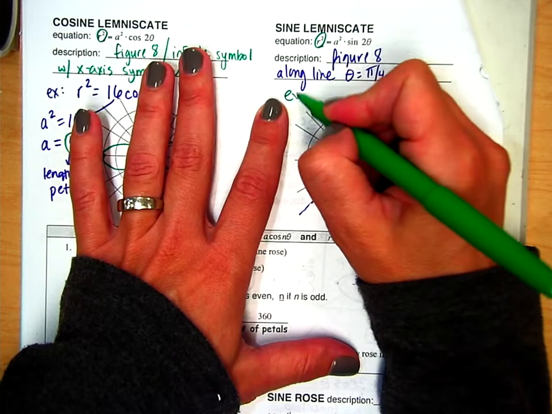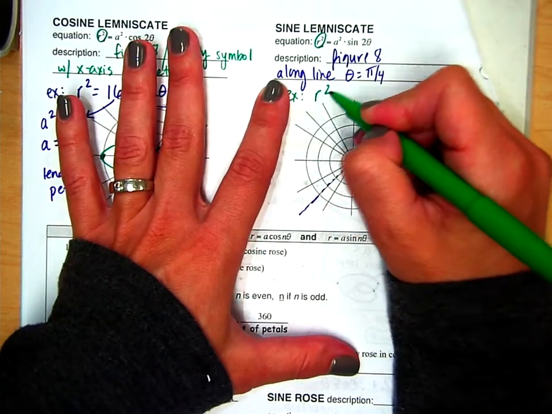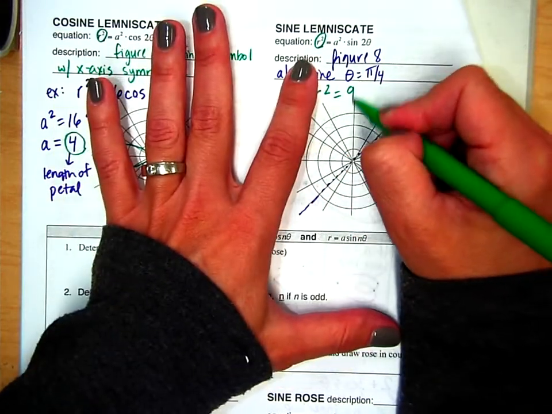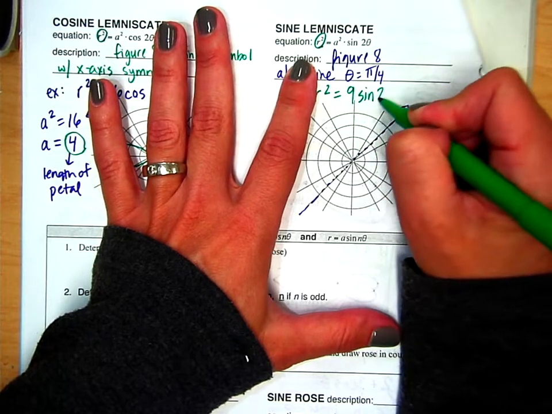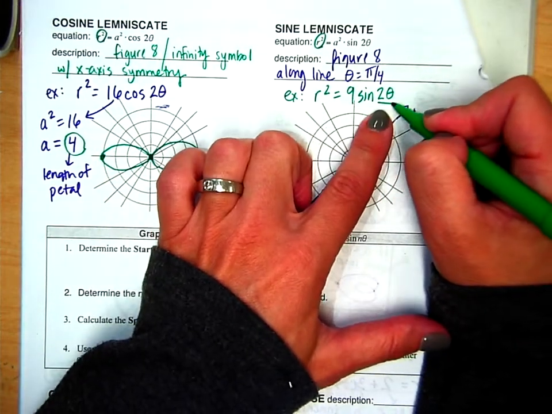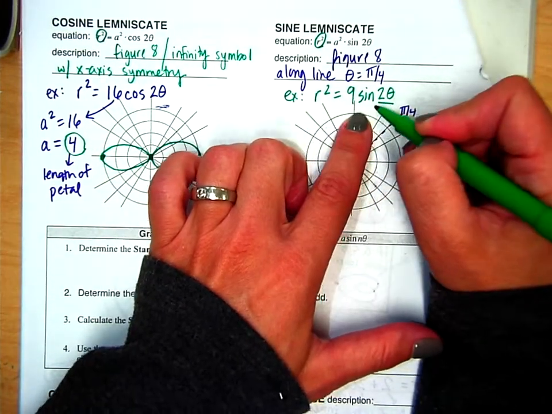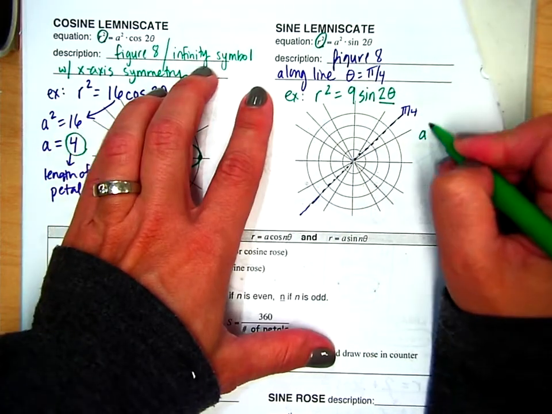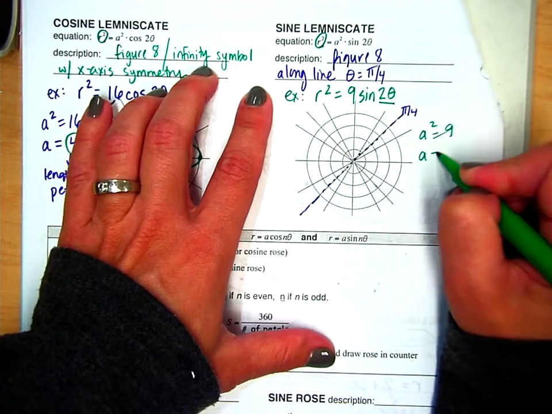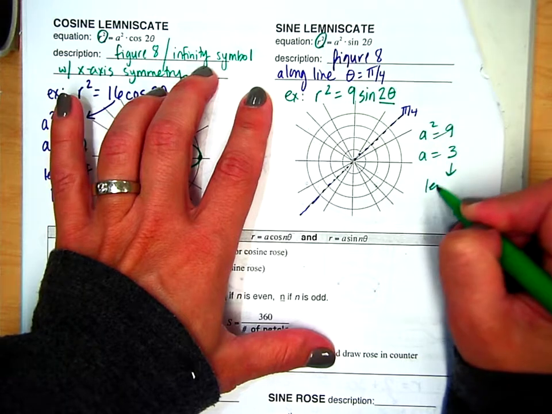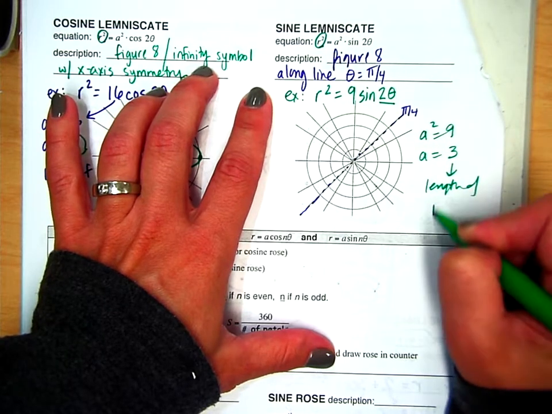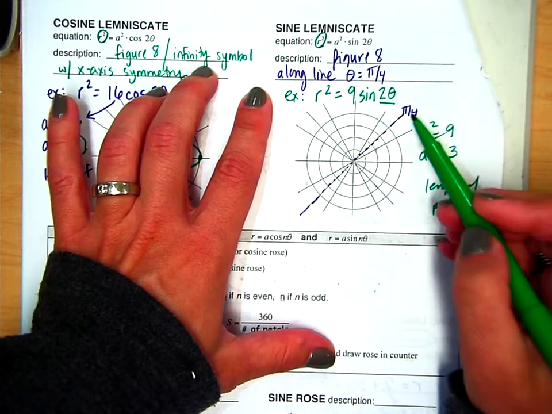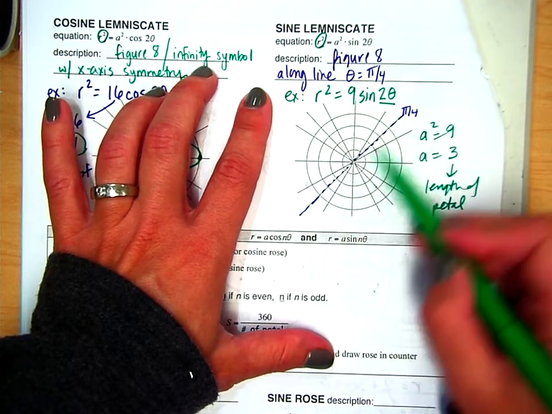So let's do an example. Let's do r squared equals 9 sine of 2 theta. Again, it's always 2 theta. This is sine this time. So a squared is 9, which means a is 3. That's the length of my petal. But it's along this axis, pi over 4.